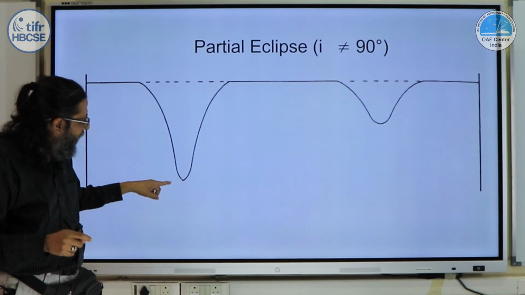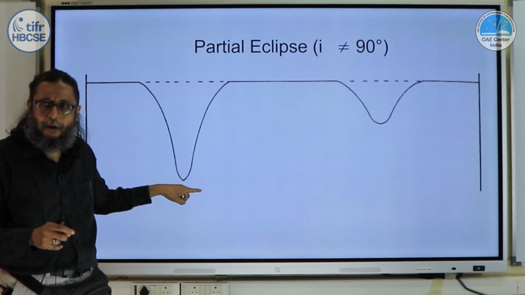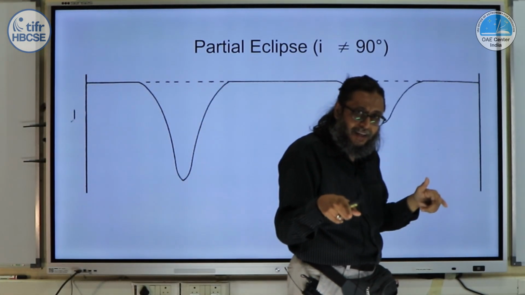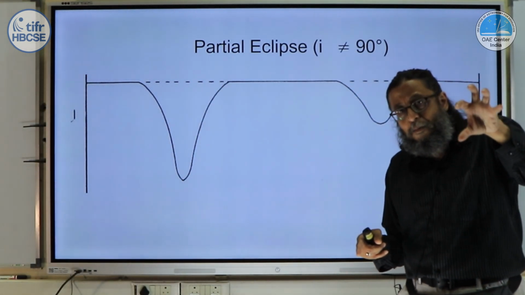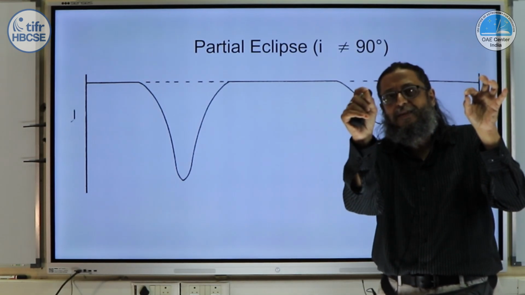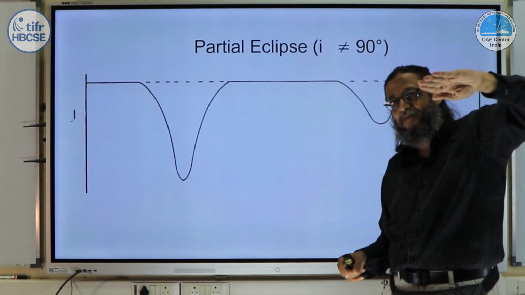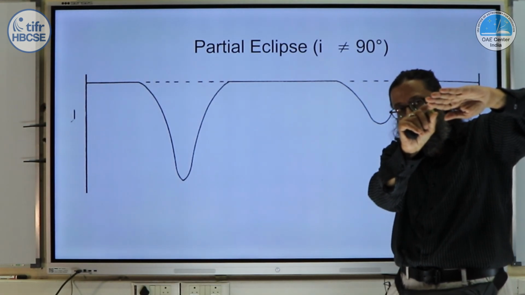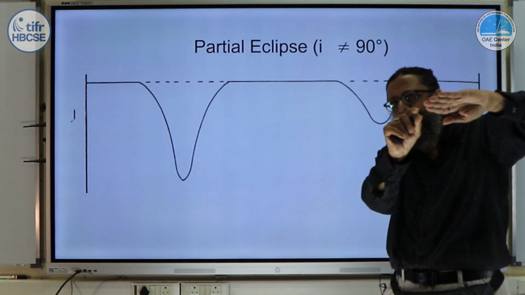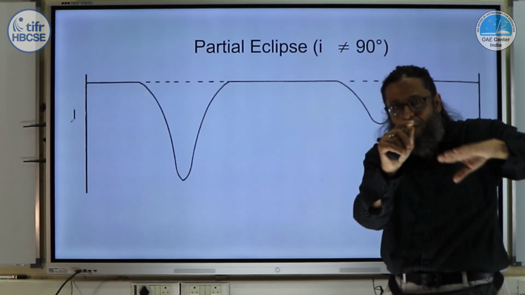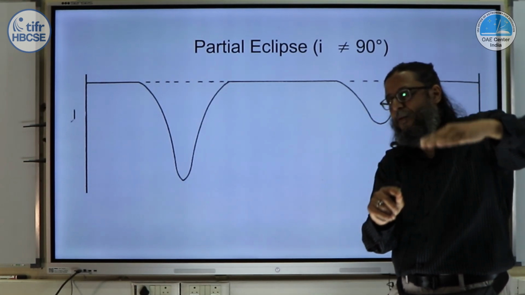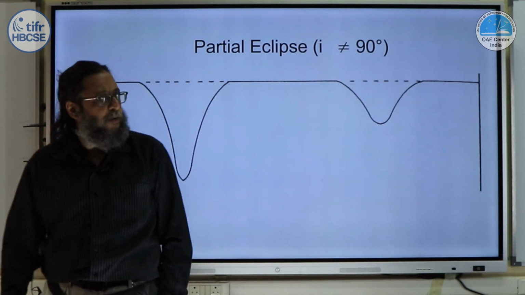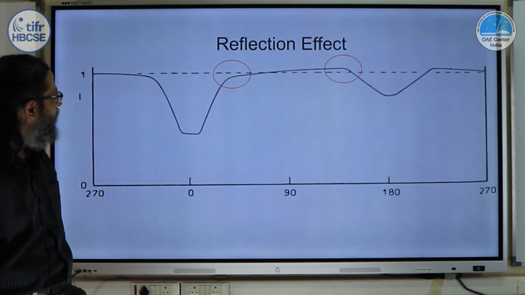But when you see that it is not happening, though you expect it to happen, this can only imply that you are unable to see the complete transit because it is at an inclination. Okay, the other star is blocking the main star only for a small period of time, simply because of the inclination effect. So this is a very, very common effect you see in eclipsing binaries.